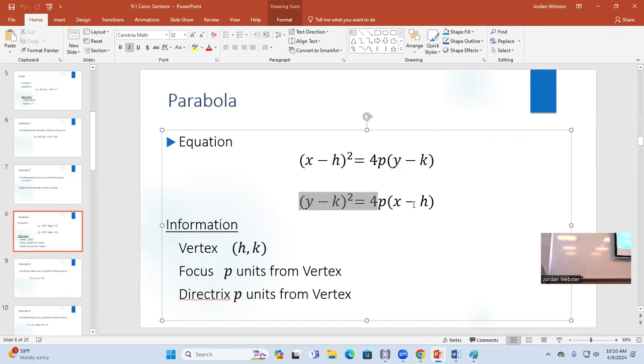If we have this form, then the parabola is pointing left or right, and it's pointing right when p is positive and left when p is negative. The vertex is always the sort of turning point in the parabola, and it's going to be either the highest or the lowest or the leftmost or the rightmost point on the parabola, depending on how it points.